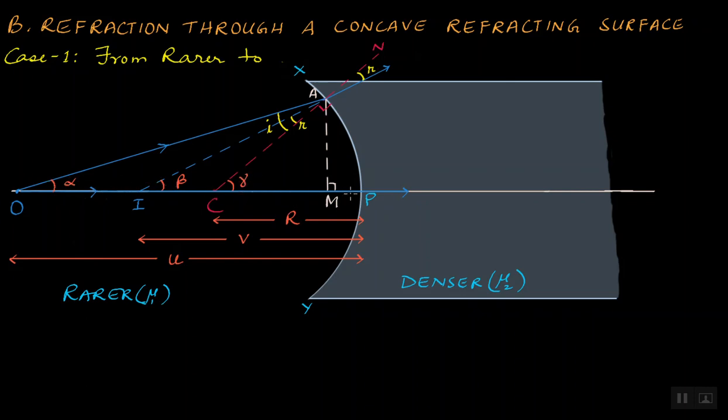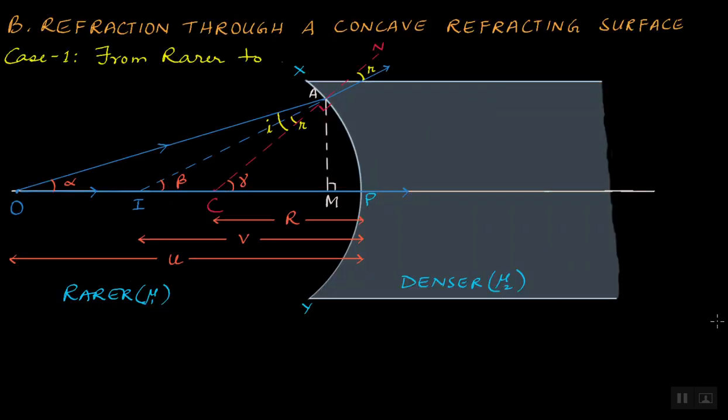The distance from C to P is the radius of curvature, from the image to the pole is the image distance v, and from the object to the pole is the object distance u. Now we are going to apply Snell's law. So by Snell's law, look at the diagram.